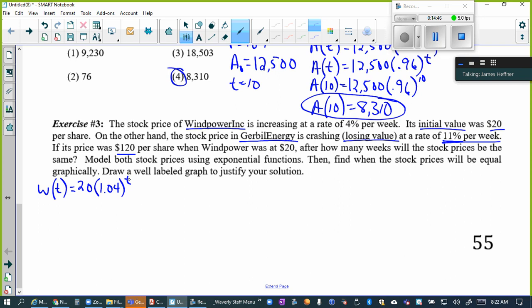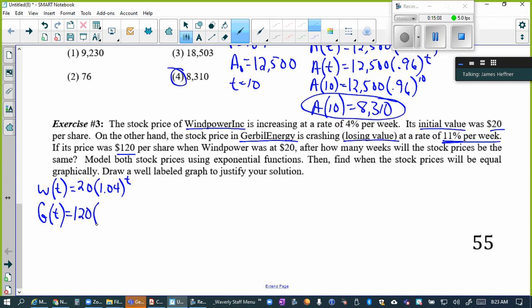And now maybe for the other function, it'll be G for gerbil, right? So G of T for the other stock, we're modeling it like this. What was its initial value? 120. And now it's not going to be 1 plus, it's going to be what? 1 minus. 1 minus 0.11.